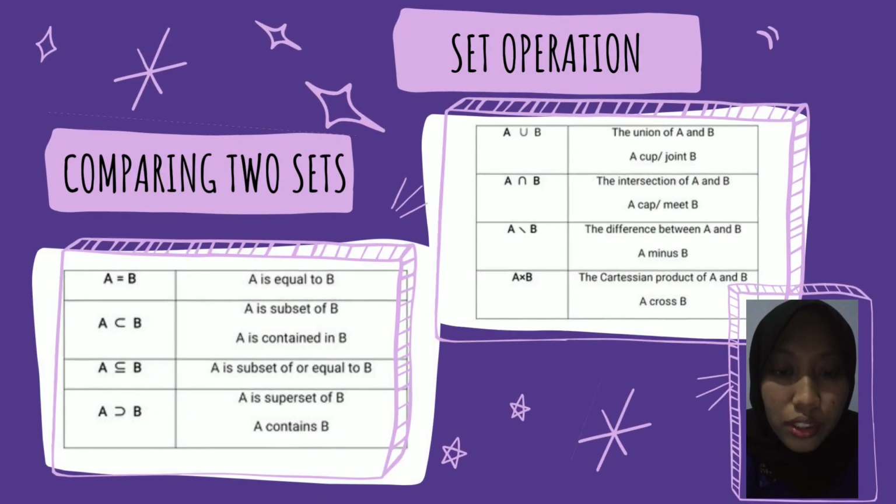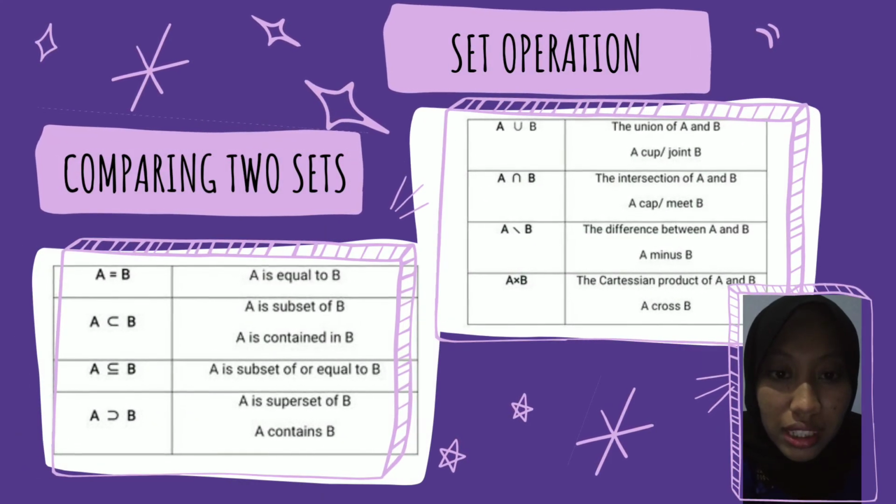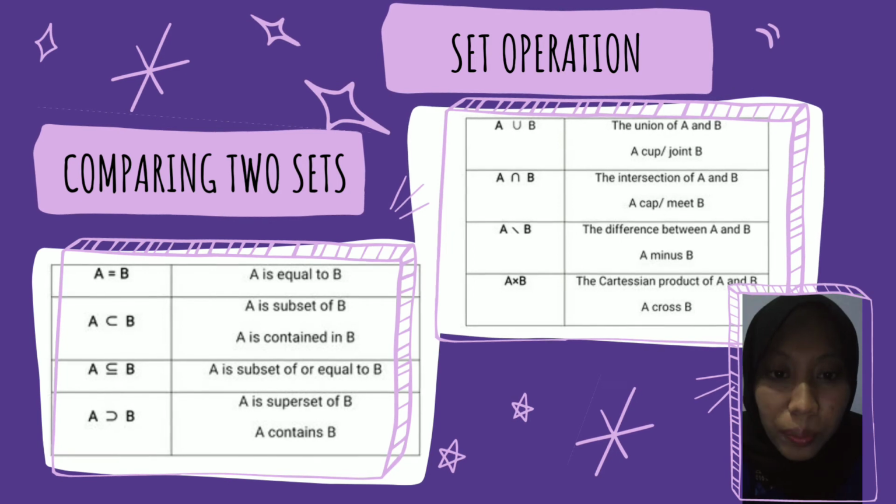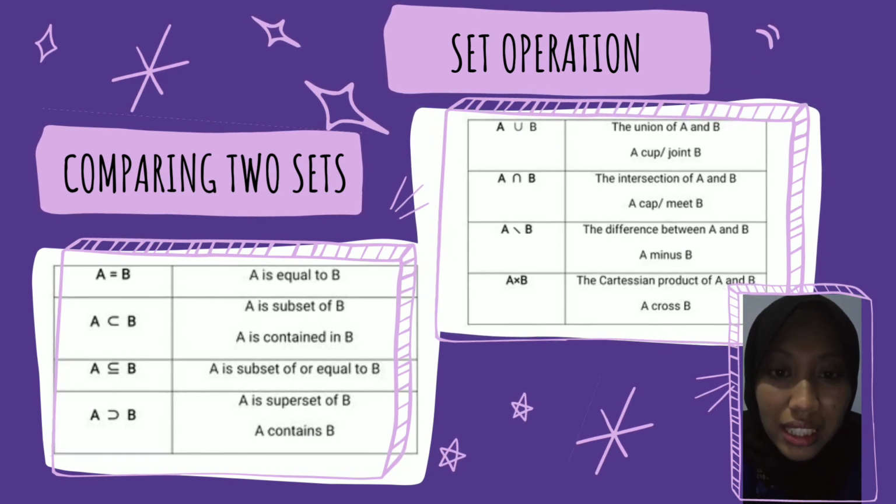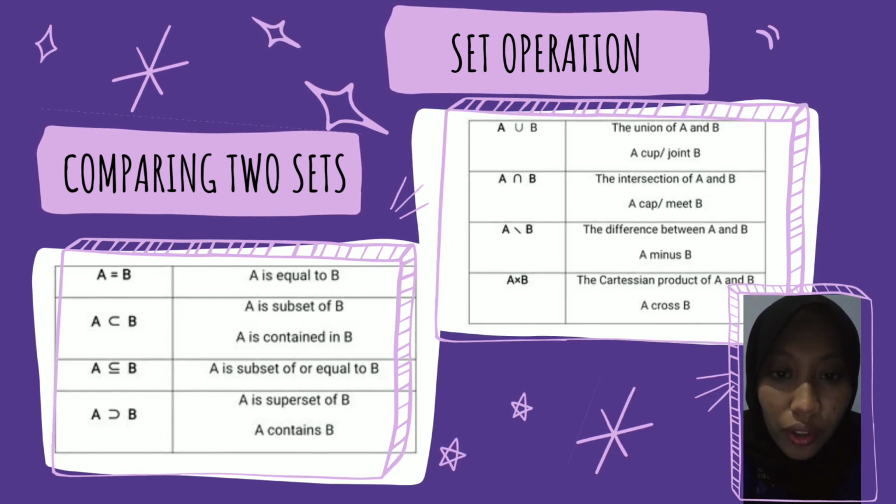There are ways of comparing two sets. The first is A is equal to B. The second is A is a subset of B, or A is contained in B. The third is A is a subset of or equal to B. And the last is A is a superset of B, or A contains B. The next is set operations.